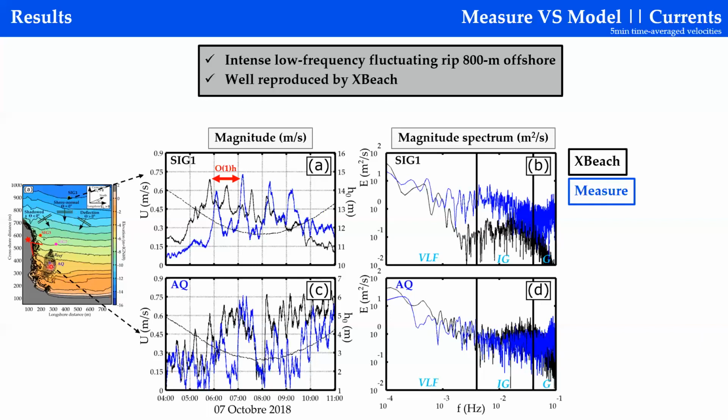So once again, the mean flow and the tidal modulation are well represented, but also, most importantly, at the offshore location, the model is able to reproduce quite well the very intense rip that flows offshore, and also the really strong, intense, very low frequency fluctuation.